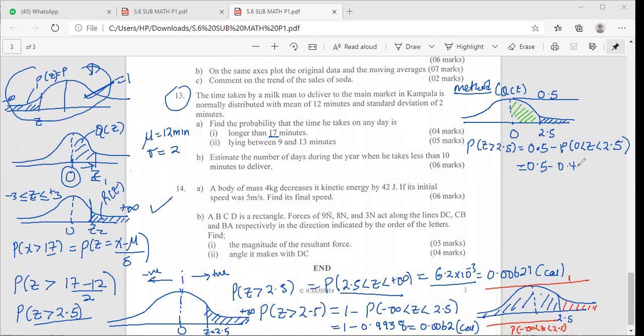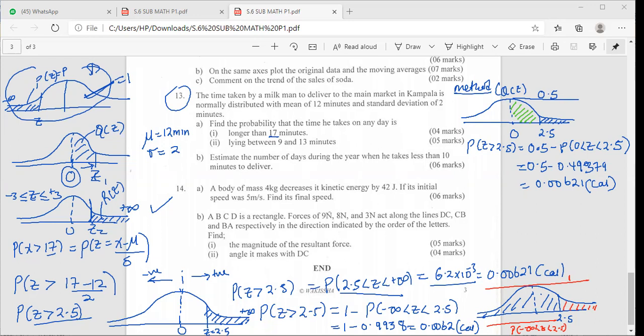Now, when you subtract, what do you get? 6.21 times 10 exponent negative 3. Which is the same answer, okay?